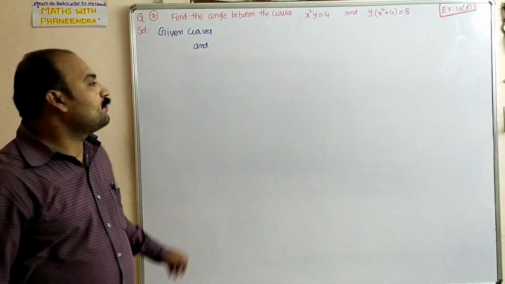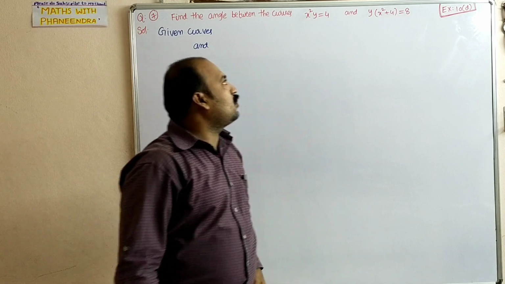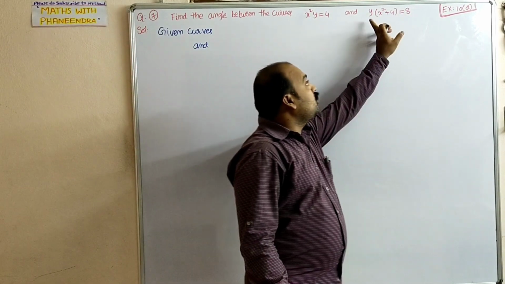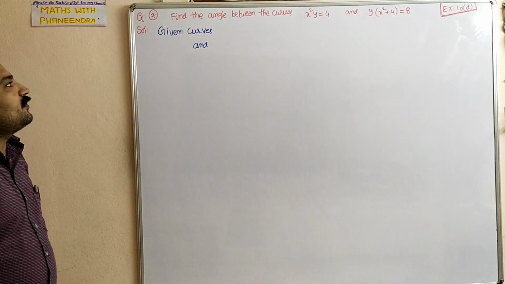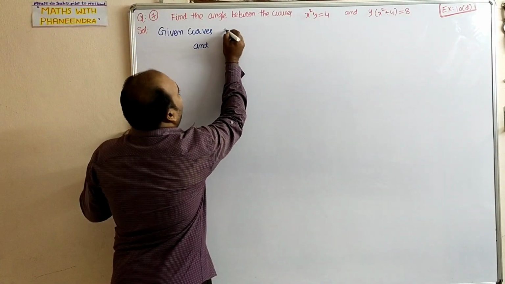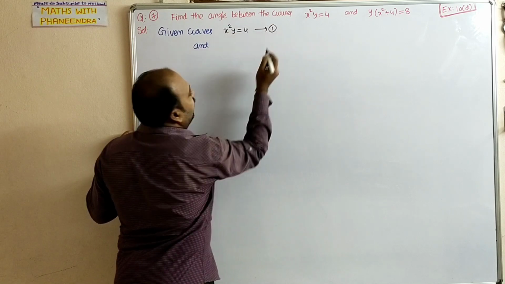The next question. Find the angle between the curves x square y equal to 4 and y into x square plus 4 equal to 8. See here, first write the given curves. x square y equal to 4, put that as equation number 1.